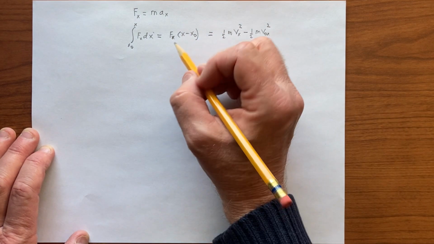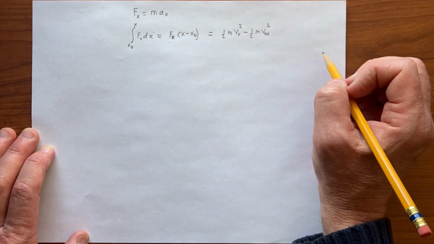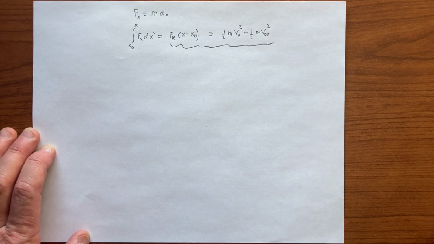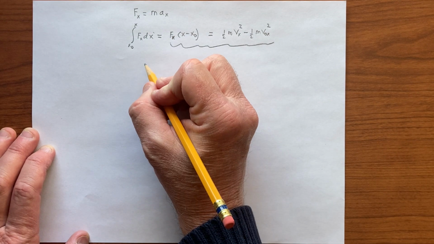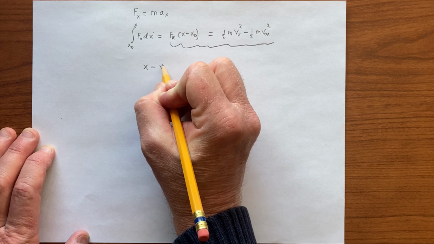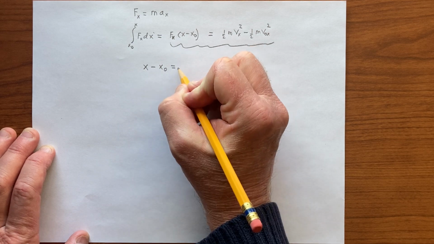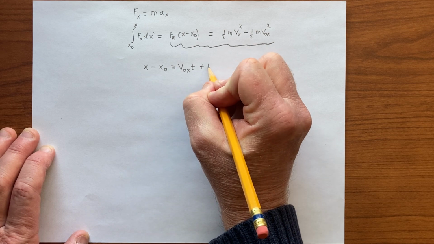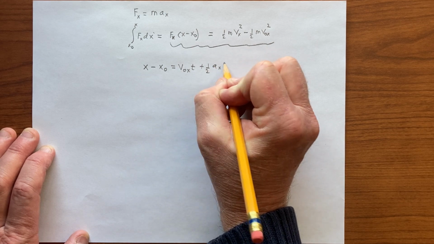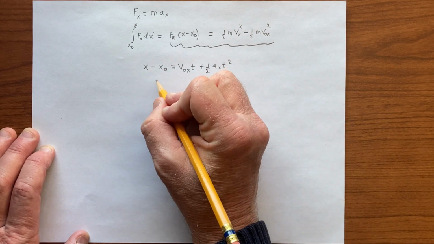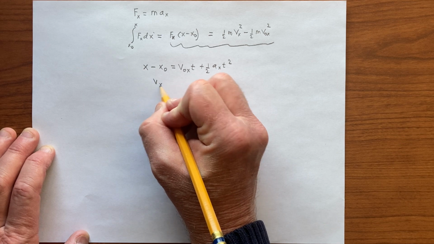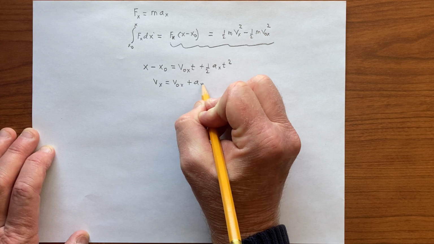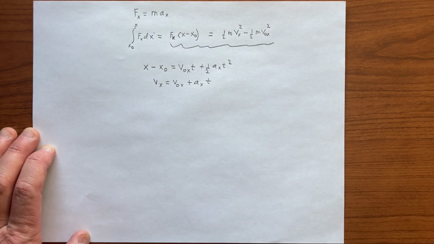Okay, so we can get this expression from the kinematic equations. So let's look at the kinematic equations, right? It's x minus x naught equals v naught x t plus 1/2 ax t squared, and vx equals v naught x plus ax t.